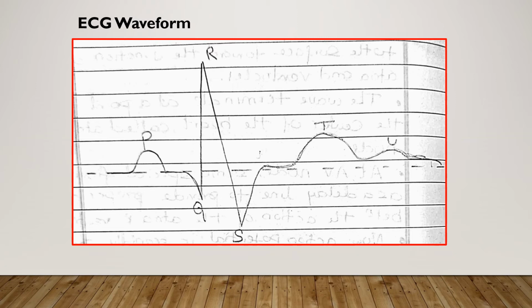Then the T wave, which is the wave of ventricular repolarization. And the last one is the U wave, which is a wave resulting from after-potential in the ventricular muscle.